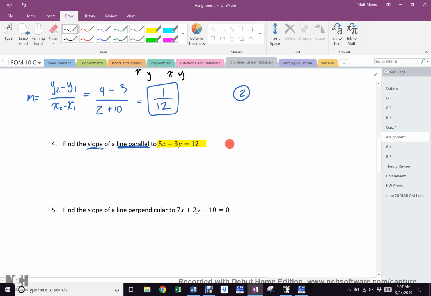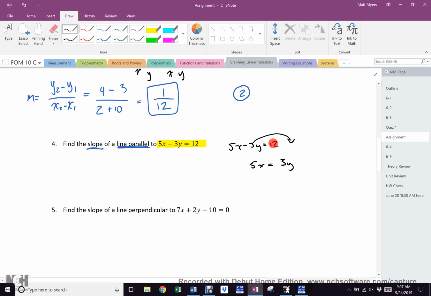So, let's isolate y. 5x minus 3y equals 12. Since y is negative, I should move it, shouldn't I? So I'm going to move that y over to here. So now I have 5x equals what kind of y? Positive 3y. Do I even care about the 12?